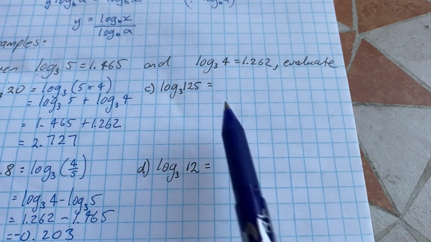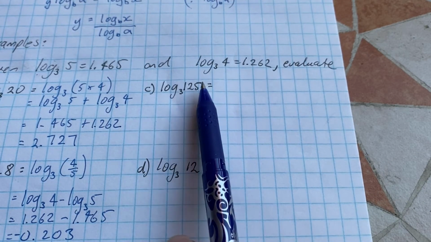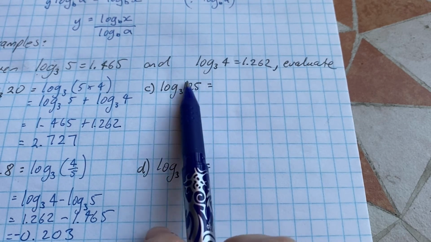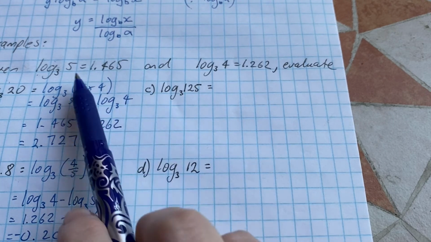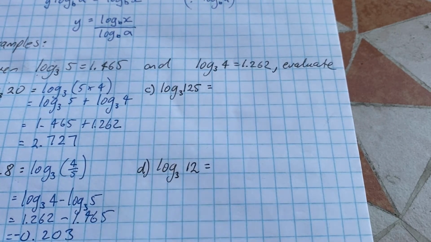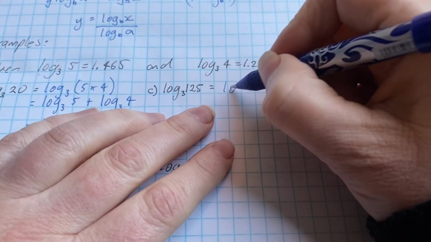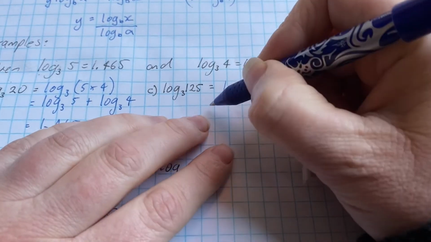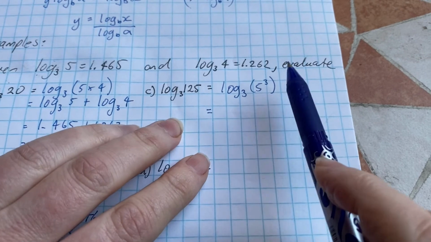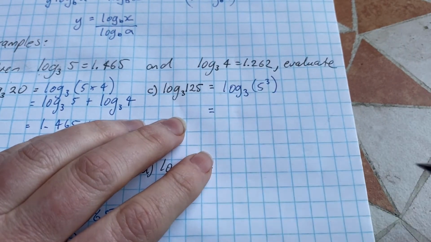So question C is log base 3 of 125. Now the thing to think about here is that 125 doesn't actually use that 4 at all. It's actually 5 to the power of 3. So that's the same as log base 3 of 5 to the power of 3. Now we can use my favorite law, is that the 3 comes flying down the front.